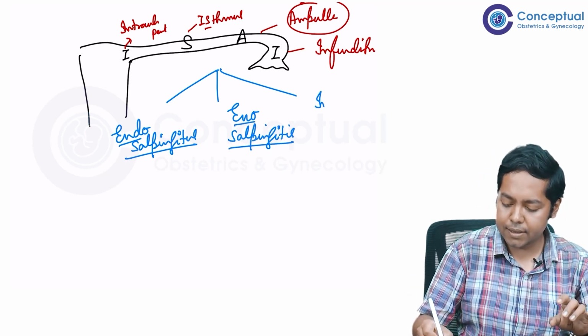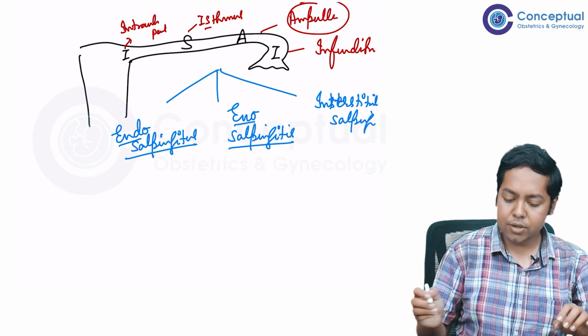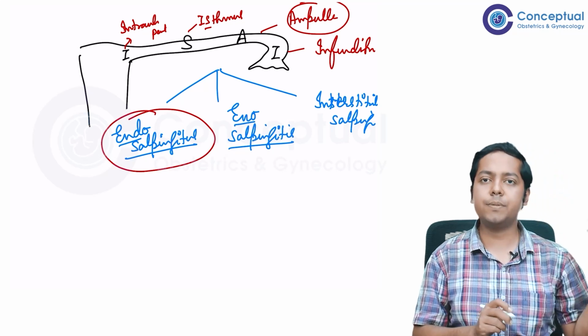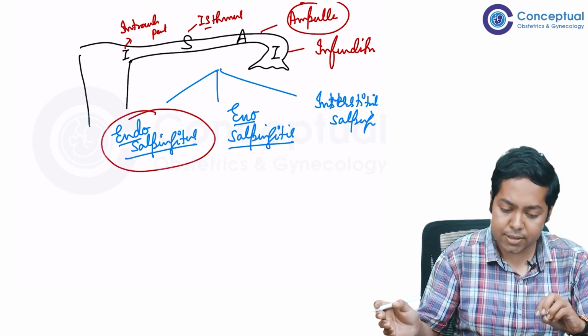Or it can be interstitial salpingitis. Okay, so most common in genital tuberculosis is endosalpingitis. Endosalpingitis is more common than exosalpingitis and interstitial salpingitis.